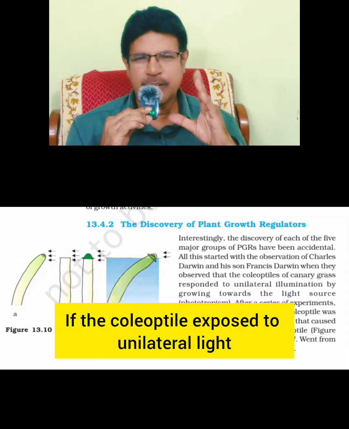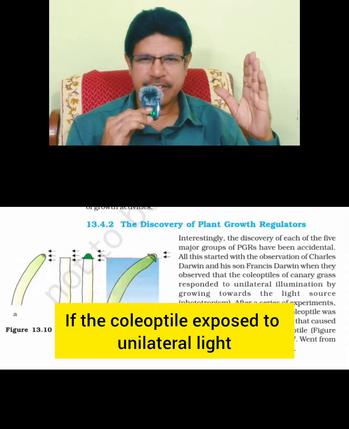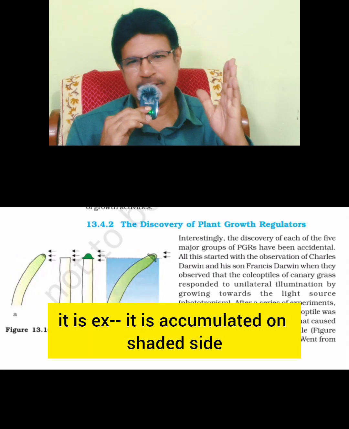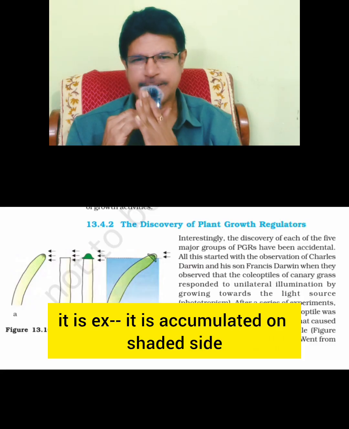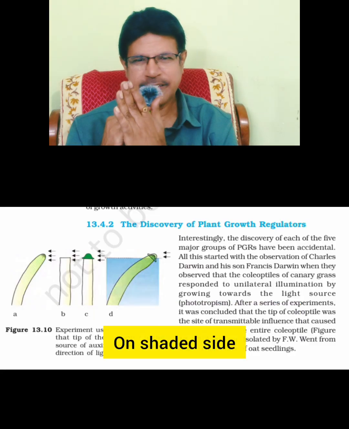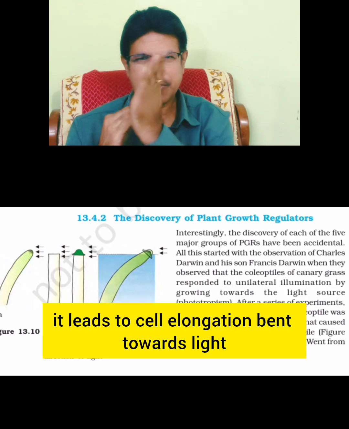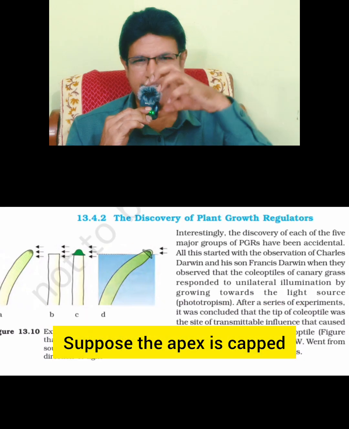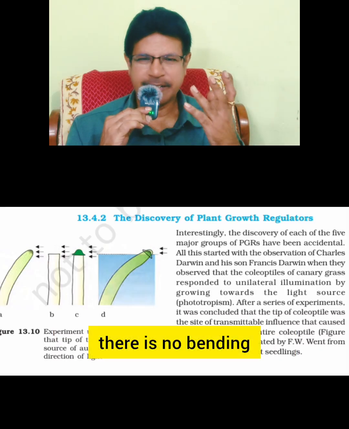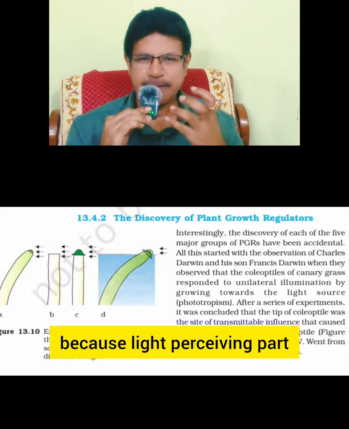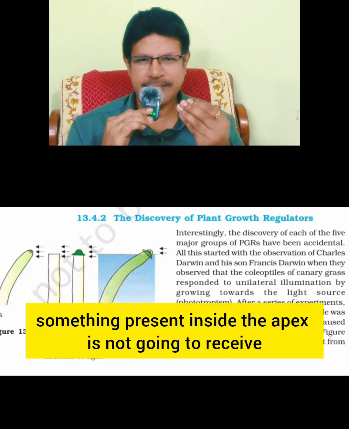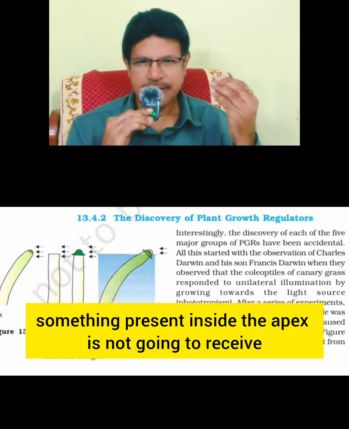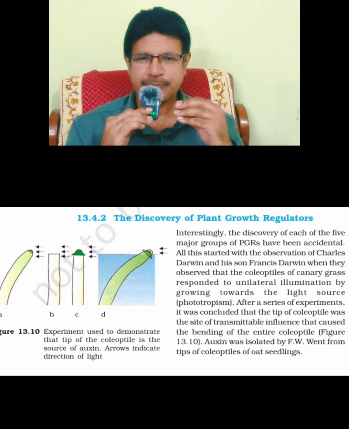If the coleoptile is exposed to unilateral light, it accumulates on the shaded side. On the shaded side, it leads to cell elongation and bending towards light. Suppose the apex is capped, there is no bending, because the light perceiving part present inside the apex is not going to receive the sunlight.